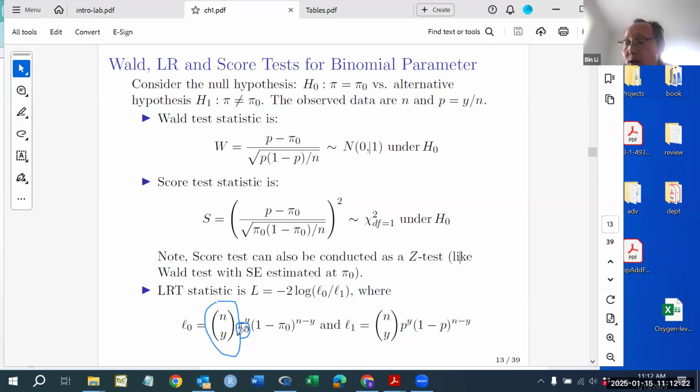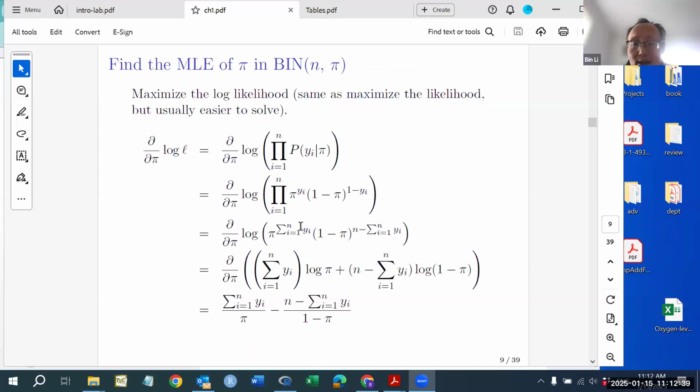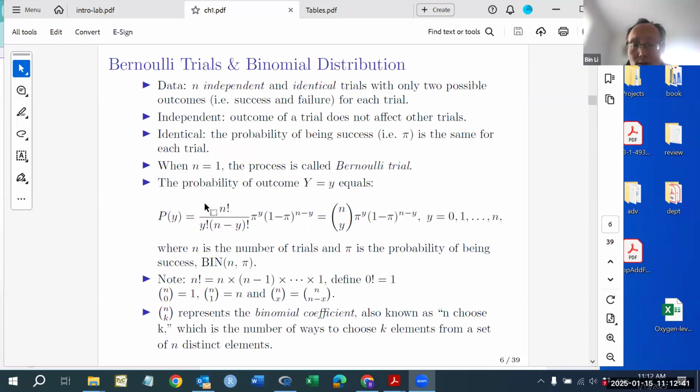Because that's under the null hypothesis, and the null hypothesis only has one possible value. So that's pi 0 to the power of y times 1 minus pi 0 to the power of n minus y. Okay, so that's the binomial formula. Remember, we have that. This is from here, not something new.